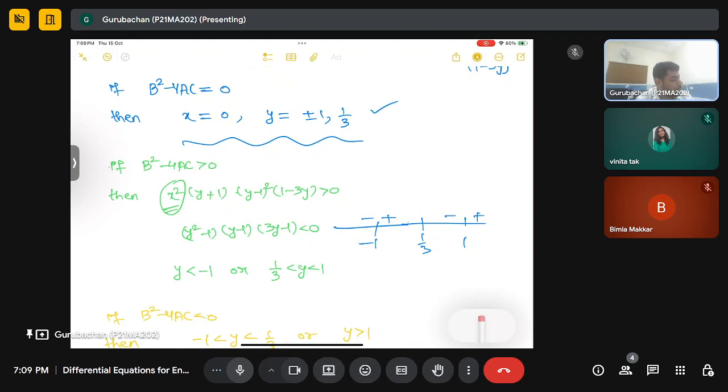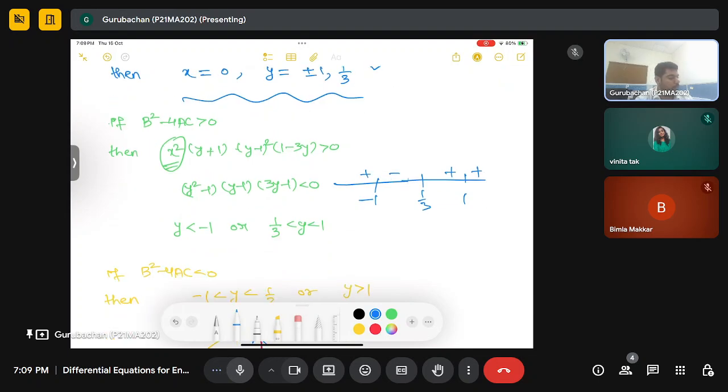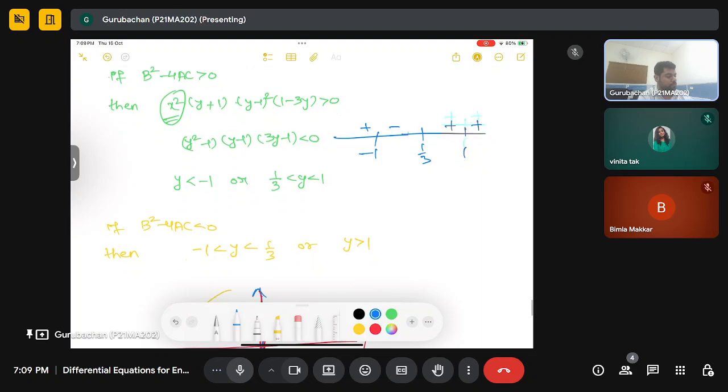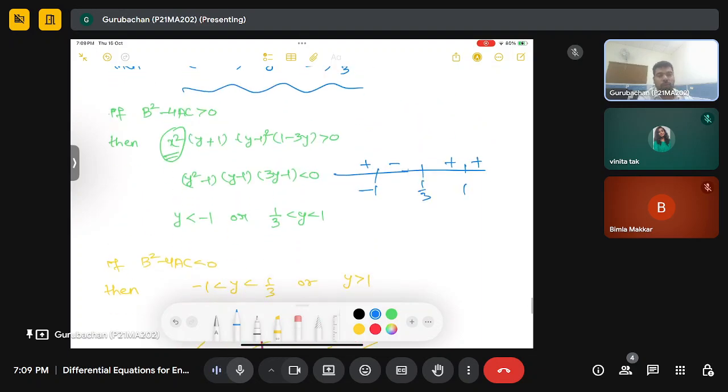So the sign convention will be positive, positive here. But when you come before 1 by 3, this will become negative and this will become positive. So your region will be now, you may also put the values of y.